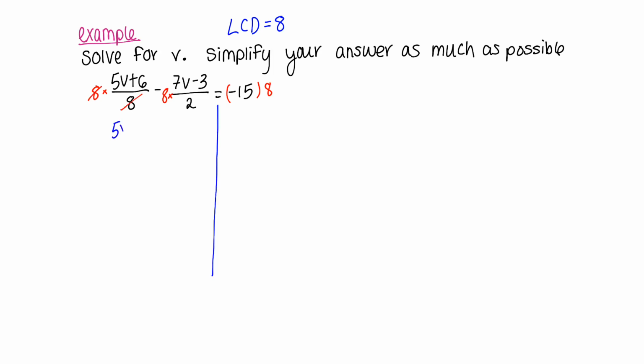And I can write the 5v plus 6 minus, now 8 divided by 2 is 4. So I'm going to write 4 and then parentheses 7v minus 3 equal to negative 15 times 8, which is going to be negative 120.